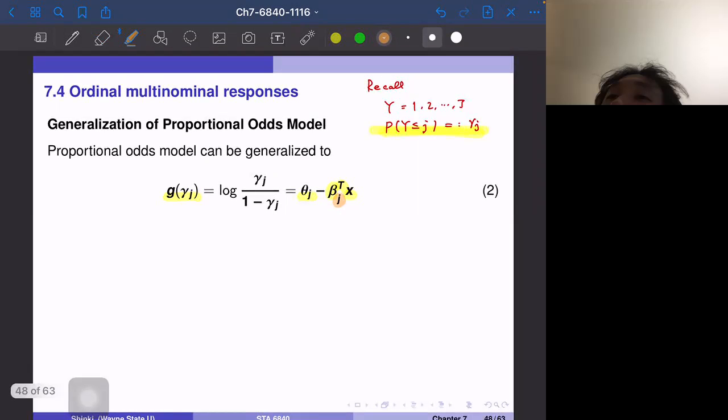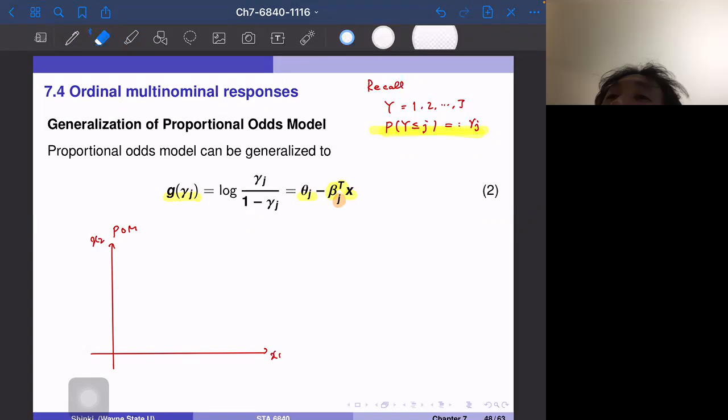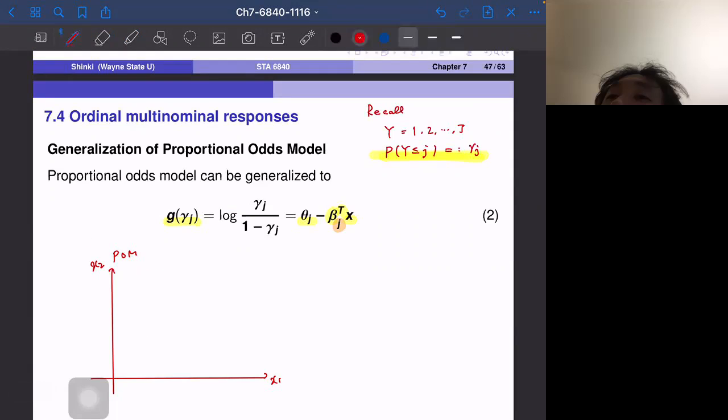Last time, the proportional odds model was using the fixed beta. So we have the response variable and several predictors, and we can think about parallel lines, because the beta transposed x uses the same beta, with different theta j's.